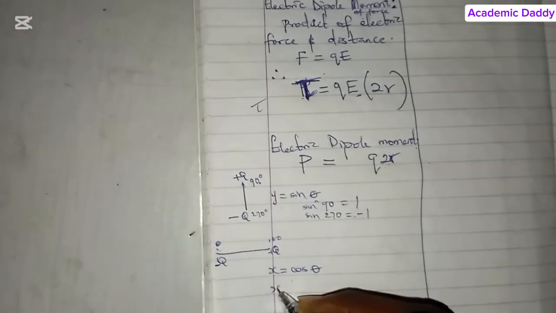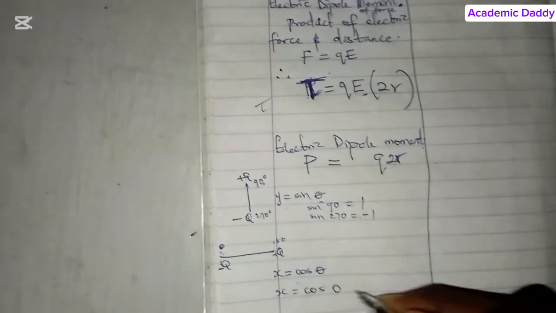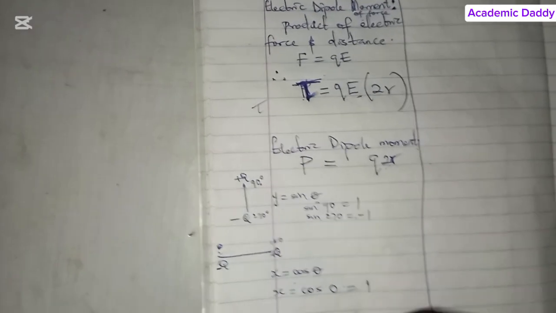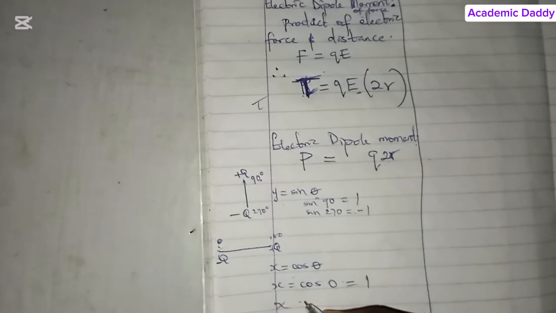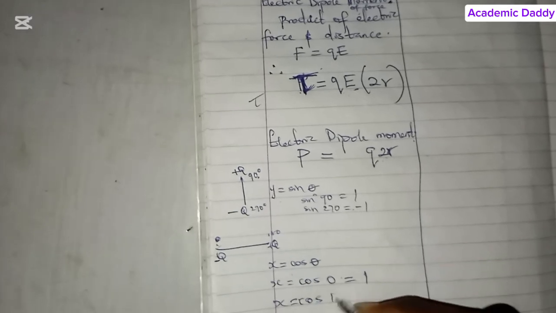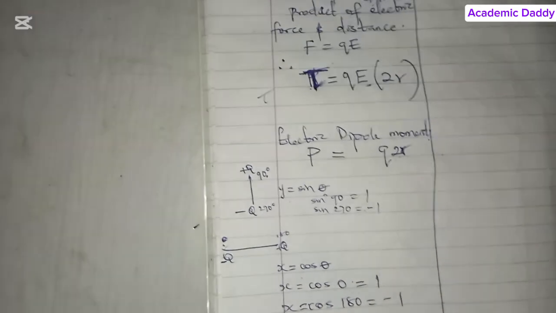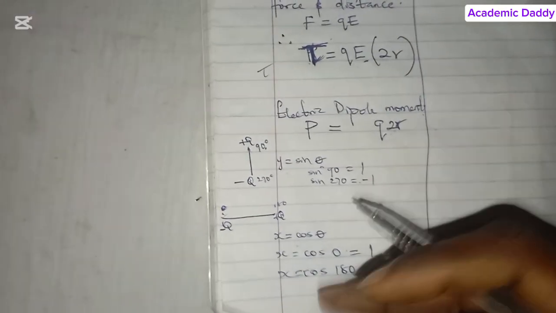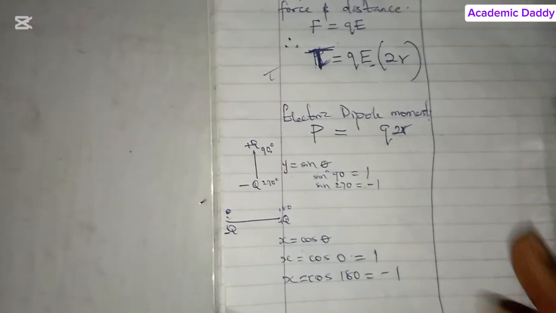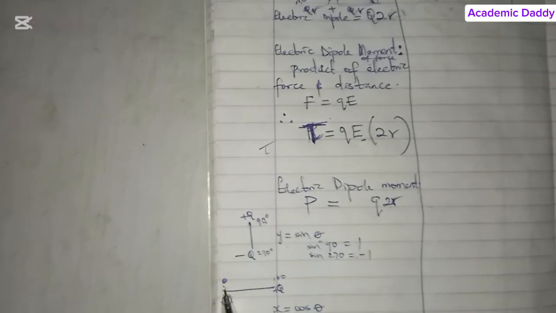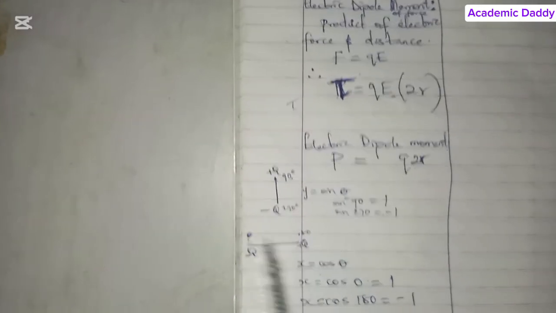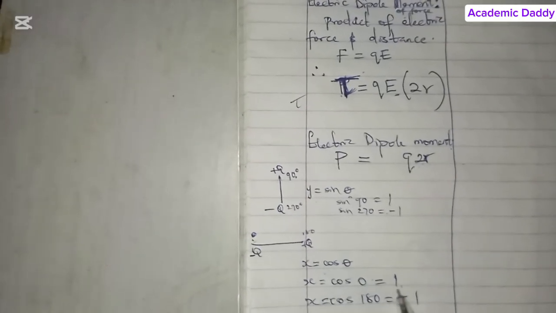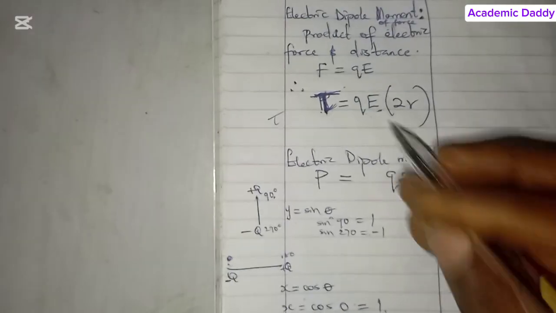So x now will be equal to cos 0, which is 1, and x equals cos 180, which is equal to minus 1. So if I know that, that means that in these situations, if I put maybe that the charge is this way, you see that cos 0 will simply be 1.